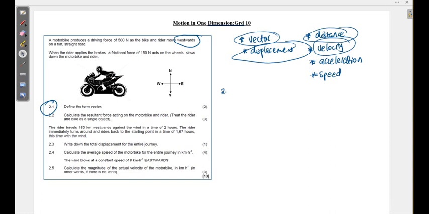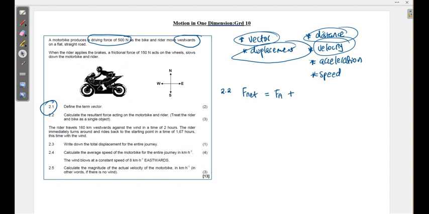So for 2.2, right, what you do is that for vectors especially, to get the resultant force, we call that F net. Sometimes it can also be called F resultant, but we usually use F net. Then the forces that are acting there, the first force is the driving force. It's usually called an applied force, okay?